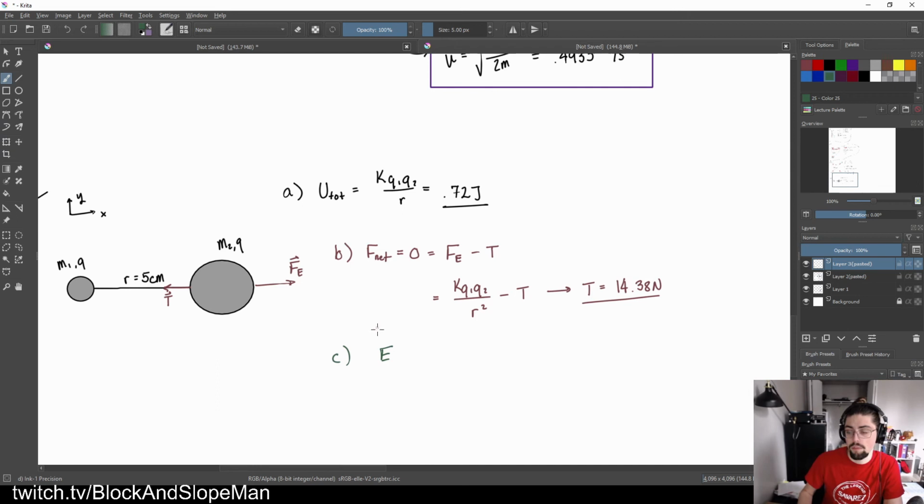Let's do total energy. So when we started, we had a bunch of potential energy, U. When we ended, assuming that we flew out to infinity, all we had left was kinetic energy, and we had the kinetic energy of each sphere. So that's 1/2 m1 v1 squared plus 1/2 m2 v2 squared.